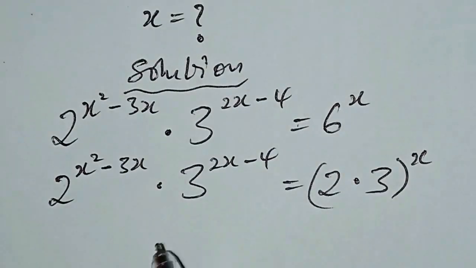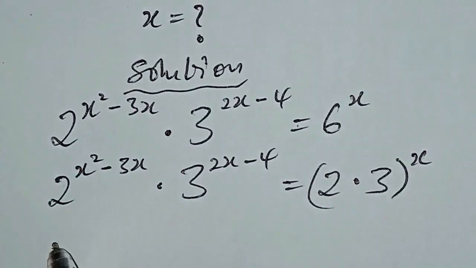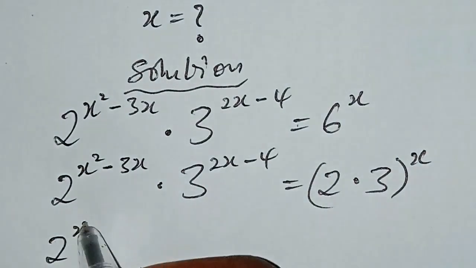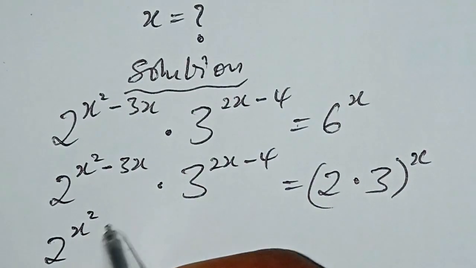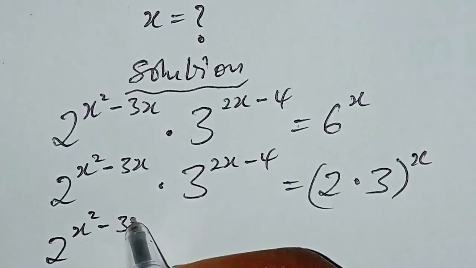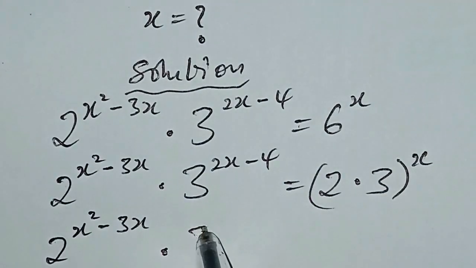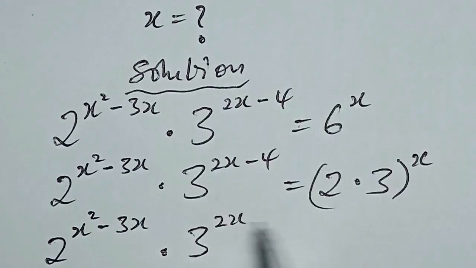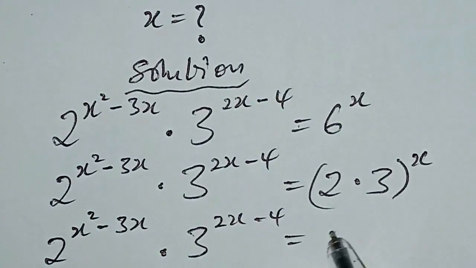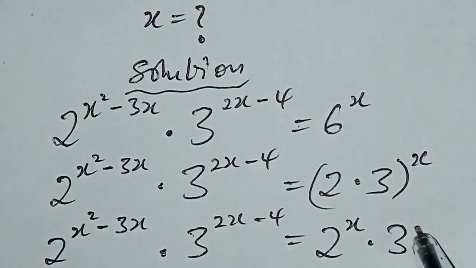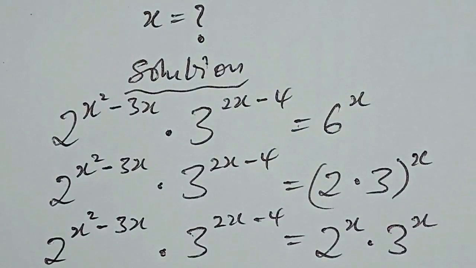Now here what we do next is to have 2 to the power of x squared minus 3x multiplied by 3 to the power of 2x minus 4 equal to 2 to the power of x multiplied by 3 to the power of x.